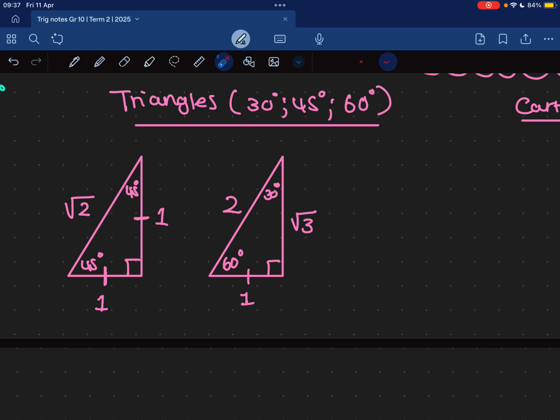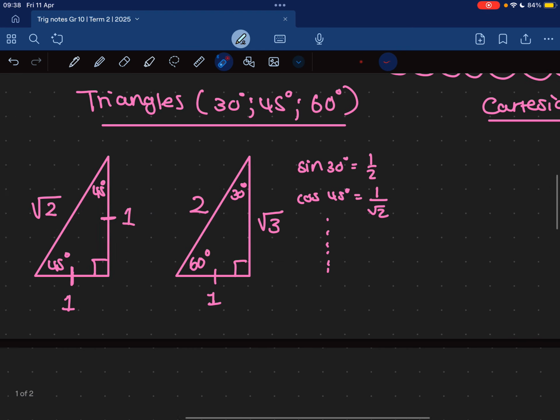If I said something like cos of 45, I would say, well, cos of 45 is adjacent, which is 1, over hypotenuse, which is the root of 2. So I would have 1 over the root of 2. And that is how we continue using this method: we find the angle in the triangle that we need, and we just need to remember the ratios that we use.